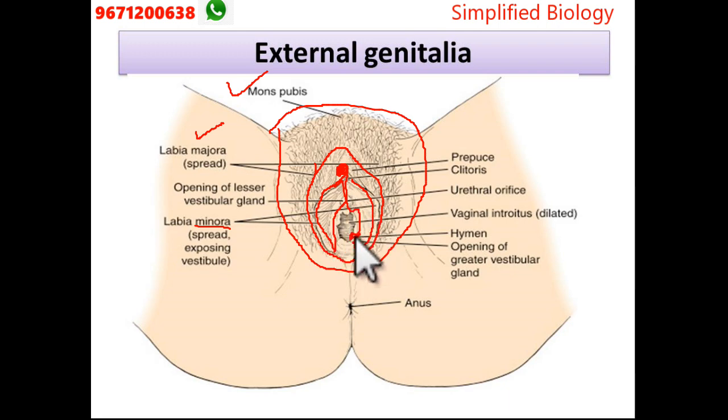It is said to show virginity, but don't say that if it is ruptured. It can rupture due to heavy exercise, cycling, or heavy work, so it is not a sign of virginity. Clear beta?